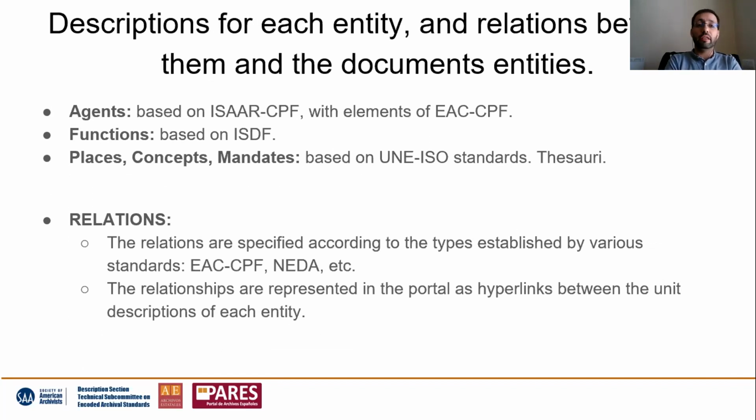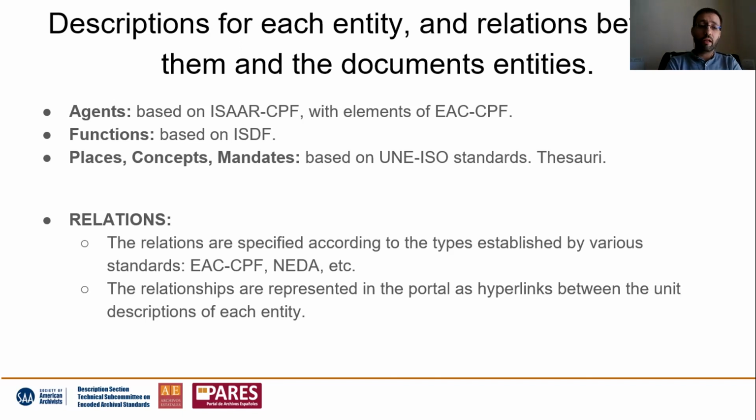Other rules that we use in our work: we make a description for each entity and we make relations between them and the document's entities. For the entities of agents, we use a description based on ISAAR-CPF with elements of EAC-CPF. For the description of functions, we base our description on the ISDF standard, and for place, concept, mandates, events, etc., we base our description on the ISO standards and thesauri.